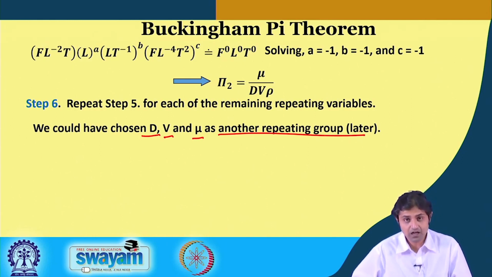The delta P L, which is to be found, should always be a non-repeating variable, otherwise your equation will become implicit, and that is what we do not want. If there is something on both the left hand side and the right hand side, it does not help. So, the best thing to do is to keep the dependent variable as one of the non-repeating variables.